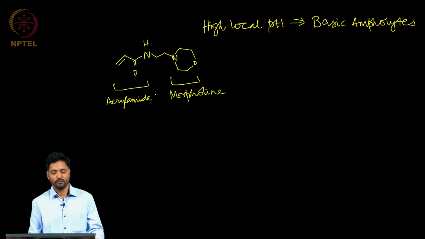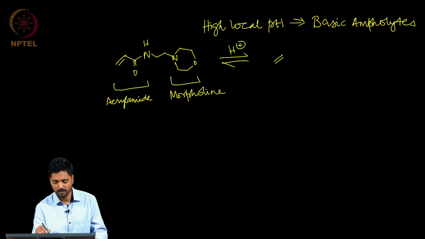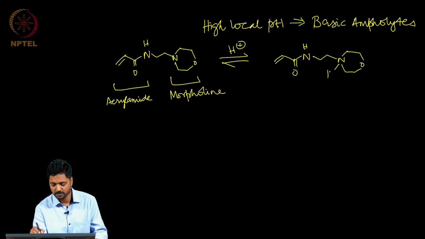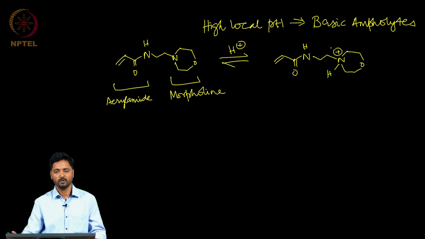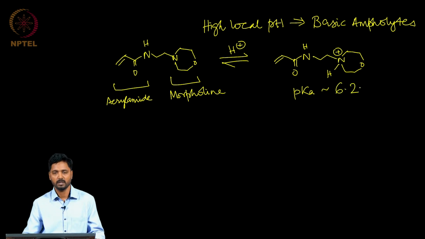Now, this morpholine is a basic molecule, so it can be protonated under the appropriate conditions to give rise to a positively charged species, and this protonation can as well occur from the water of the medium, and as a result this morpholine derivative will give rise to a slightly higher local pH of 6.2 or around that.